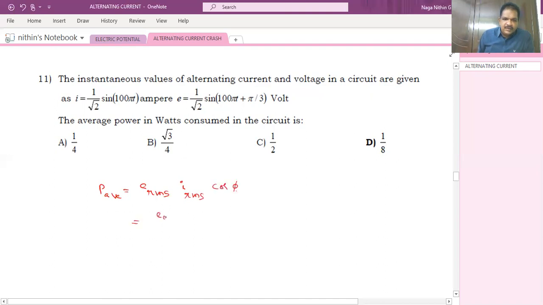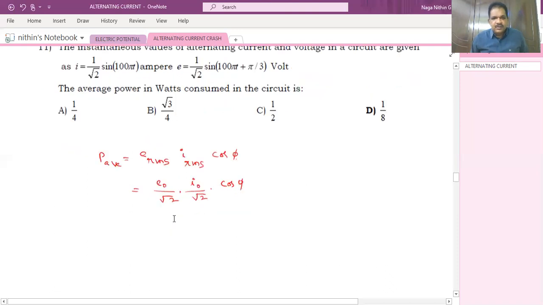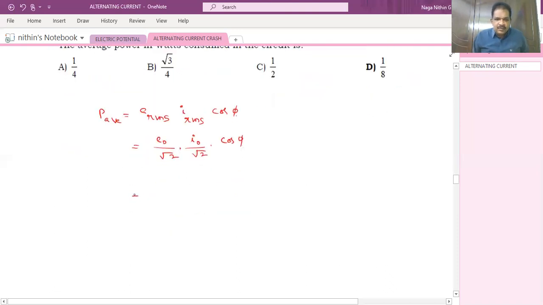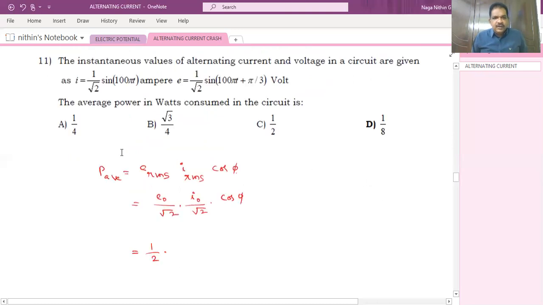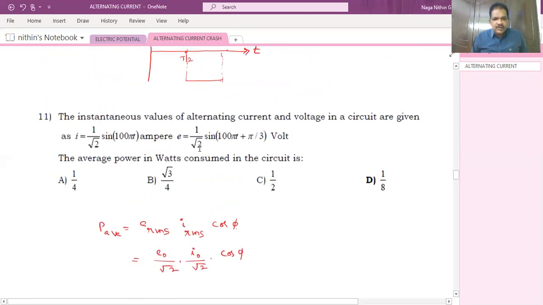E RMS is E naught by root 2. I RMS is I naught by root 2, into cos phi. Then see, here 1 by root 2, 1 by root 2 means 1 by 2. This value will be E naught, and this value will be I naught.